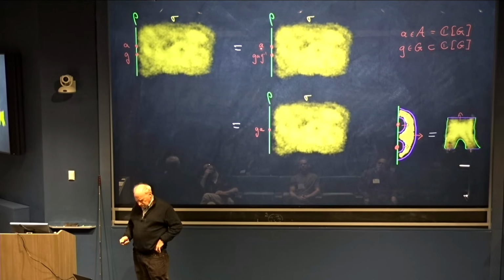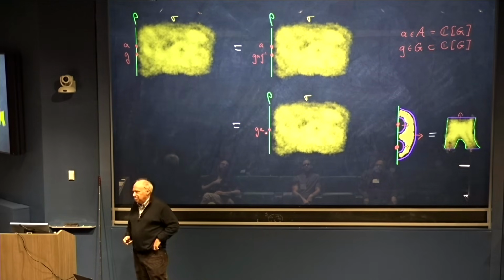That should have been labeled by G, sorry. That's a G up there. So what happens is that it conjugates the element of the algebra. And you can see that because you can just multiply both of them in the topological field theory by this kind of pair of chaps. And when you multiply, both of those are supposed to multiply to G times A.